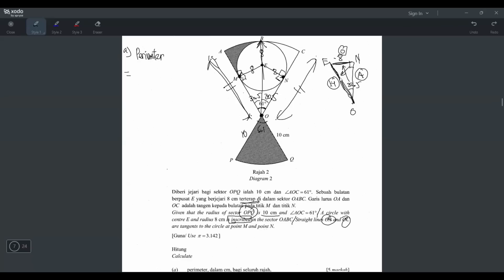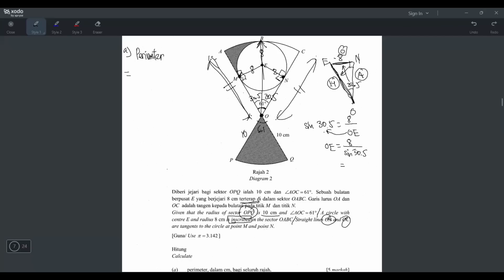So now you are trying to find the hypotenuse, and you have the opposite, so you should use sine because SOH, right? So I'll write sine 30.5 equals opposite over hypotenuse. The opposite is 8, and the hypotenuse is the OE length. And how do you find it? You can move the OE like this, and then OE moves to become multiply, and sine 30.5 moves down to become divide. So divide by sine 30.5 like this.